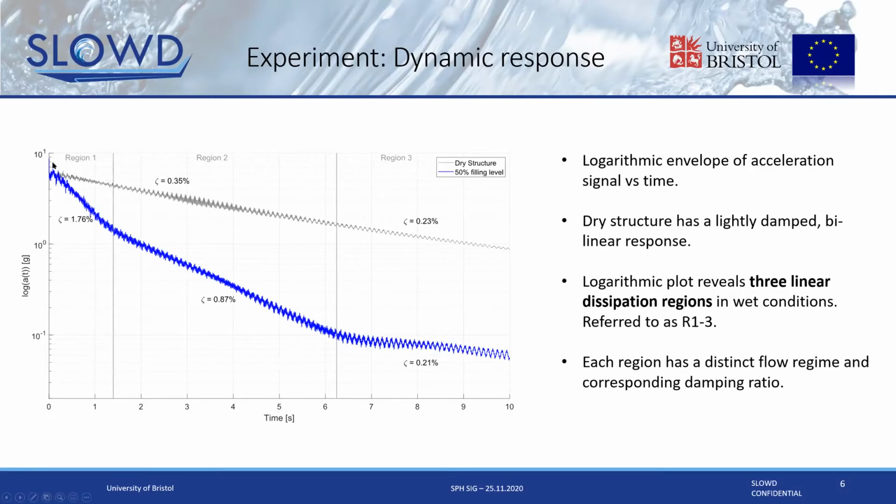But when we fill it, we see these three distinct linear damping regions emerge in the transient response of our structure. We're going to refer to them as R1, R2, and R3, depending on the order they arrive in. And each one has a very distinct flow regime within the fluid inside the tank, and it also has a very distinct damping ratio to go with that.